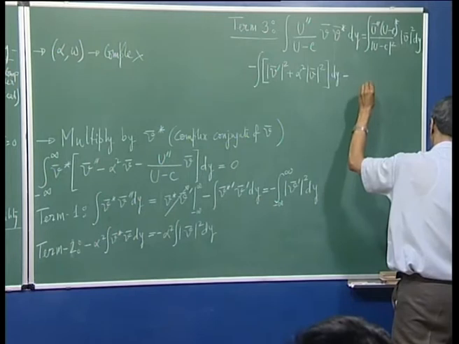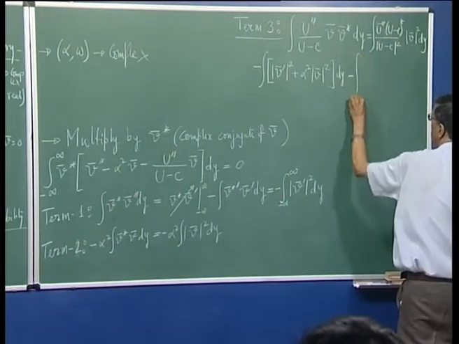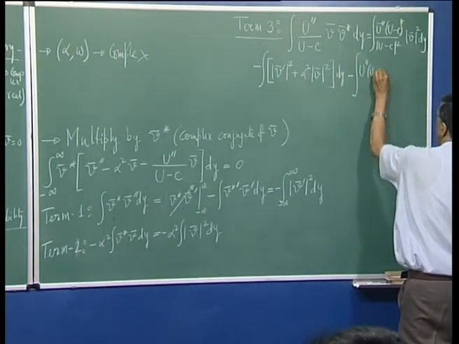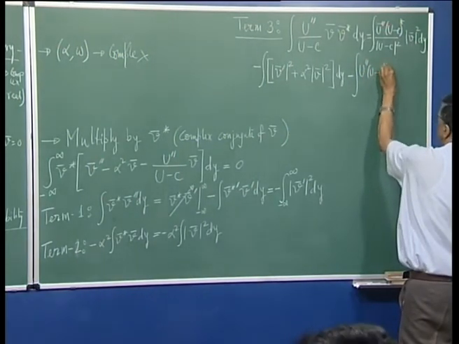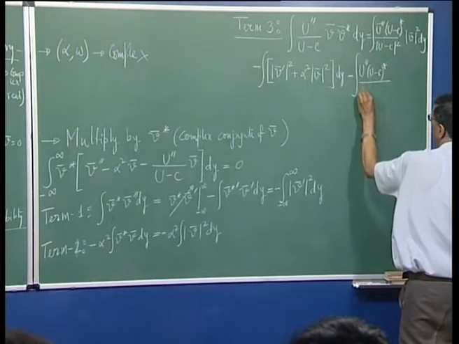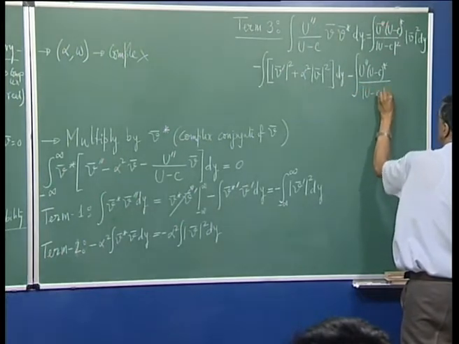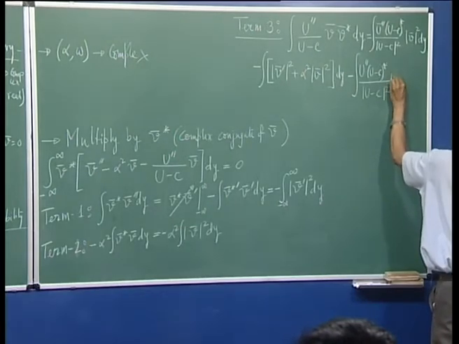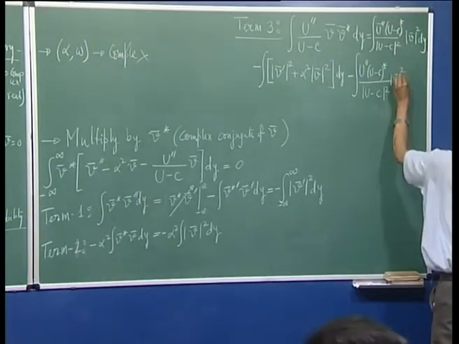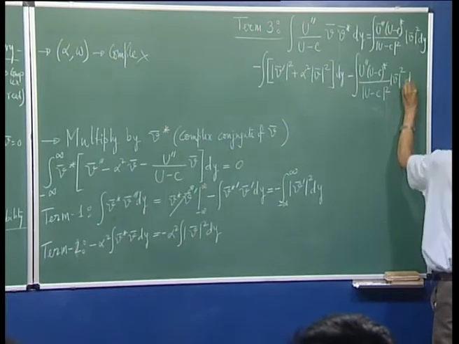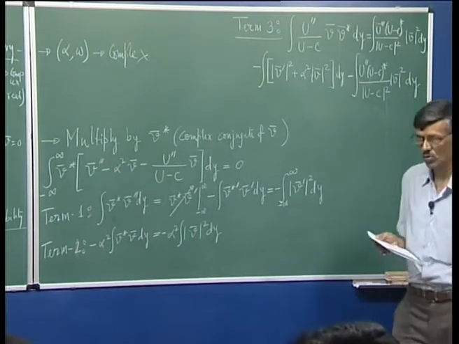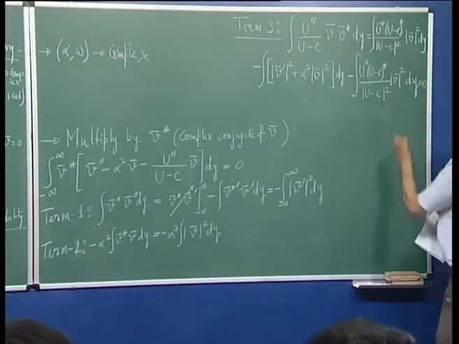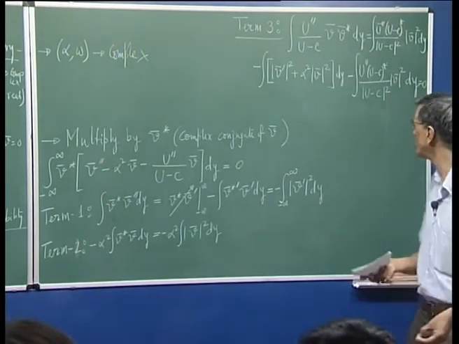So, that is also negative, and then we have u double prime times u minus c star divided by mod u minus c square, this equal to 0, right. That is what we want to get.